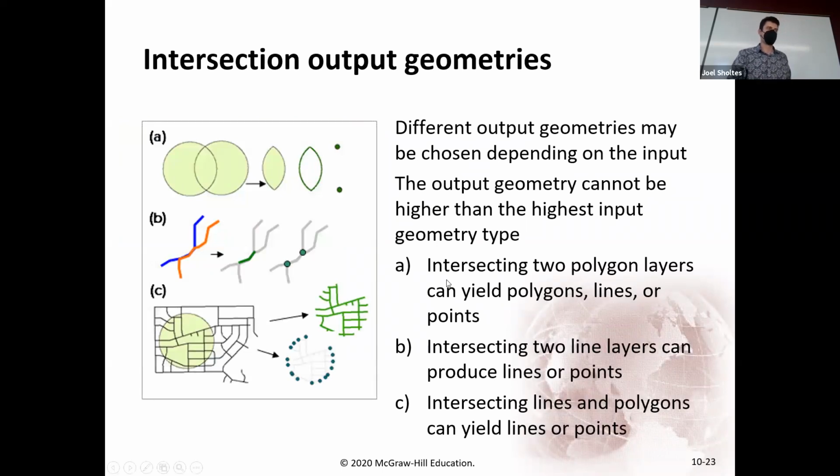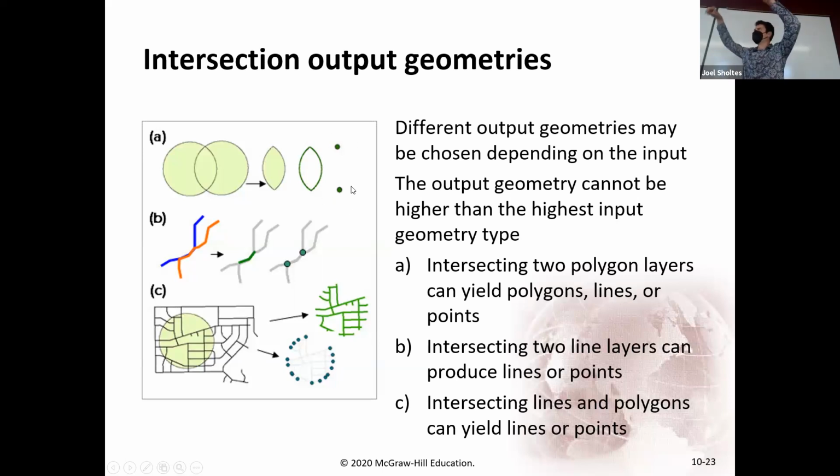A cartoon of some examples of what outputs you get. If you intersect two polygon layers, this one intersecting this one, you end up with this. Here's if you intersect a line. If this is our line and we intersect it with a polygon, this is what you get. And if we intersect points with a polygon, you just get points, right?